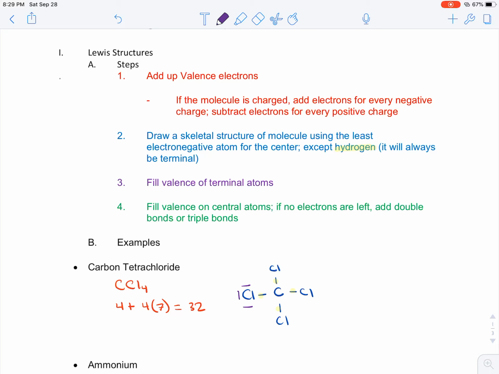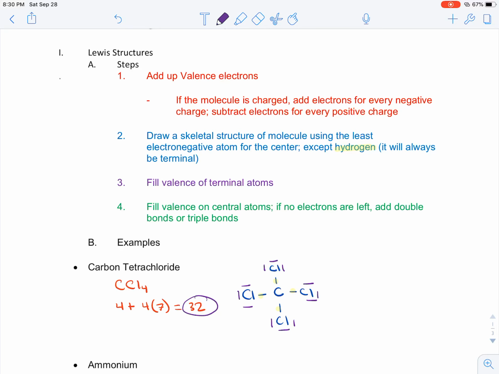So if we fill chlorine, this chlorine, that has now 10, 12, 14, 16, 18, 20, 22, 24, 26, 28, 30, and 32. We have filled the valence of our terminal atoms. So at this point, we've used all the electrons that we're able to, but we've also filled our terminal atoms.